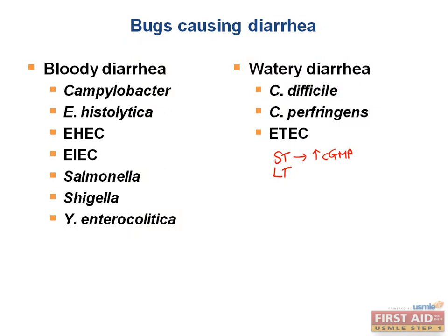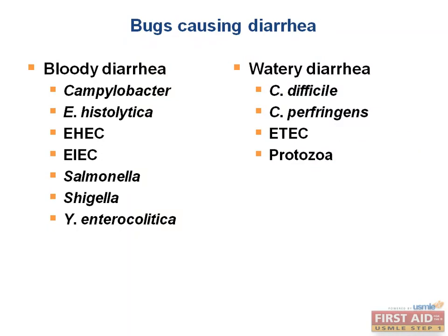In the case of LT toxin, it increases cAMP levels by overactivating adenylate cyclase. In your mind, link E-tech's LT toxin with Vibrio cholera and E-tech's ST toxin with Yersinia. Remembering LT toxin and Vibrio cholera toxin is probably more high yield comparatively.